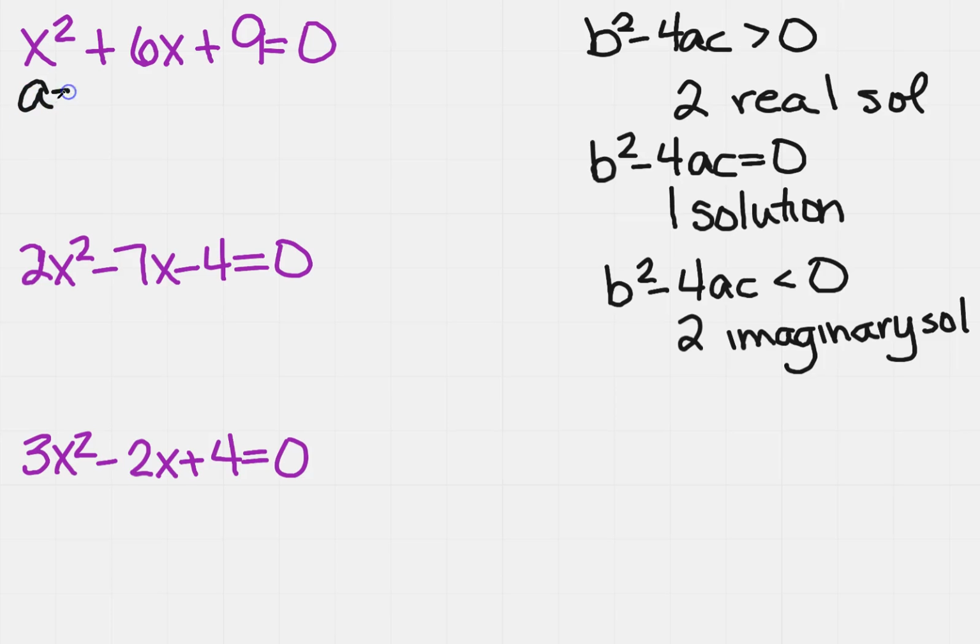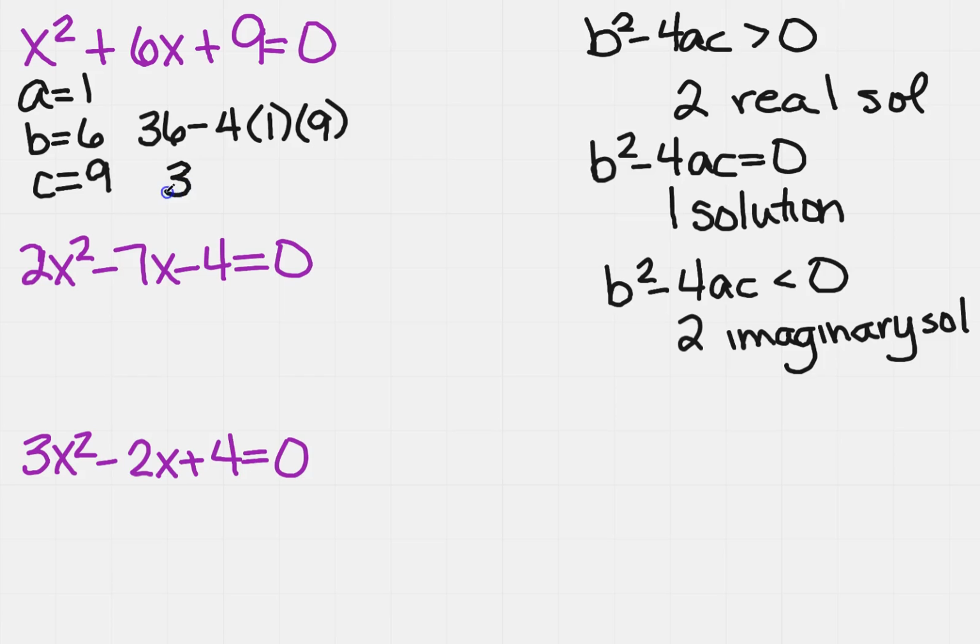So I have a equals 1, b equals 6, and c equals 9. So I'm going to plug that into b squared. So I'm going to have 36 minus 4 times 1 times 9. So I'm going to have 36 minus 36 equals 0.